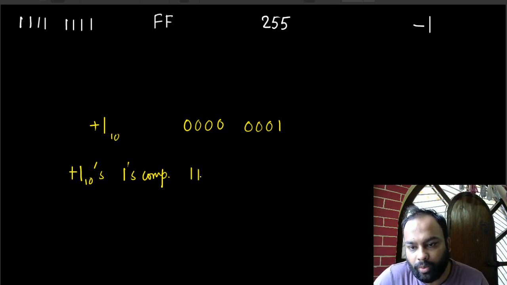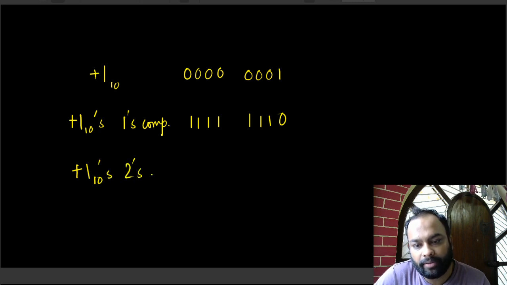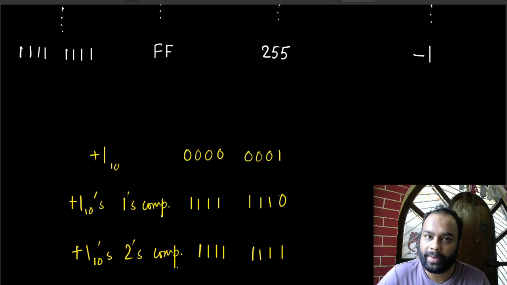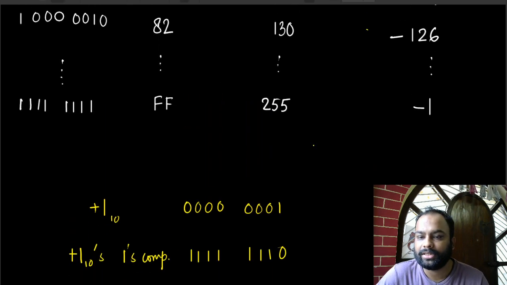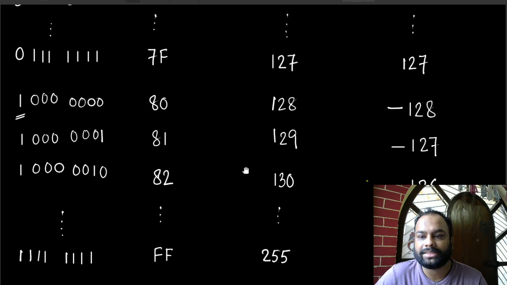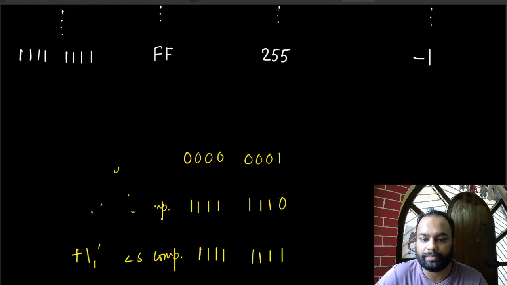This is going to be 11111110. Then add 1. So I have 11111111, right? So this is 2's complement of plus 1. So this is minus 1. So that is how the signed number space actually really works in our computers.